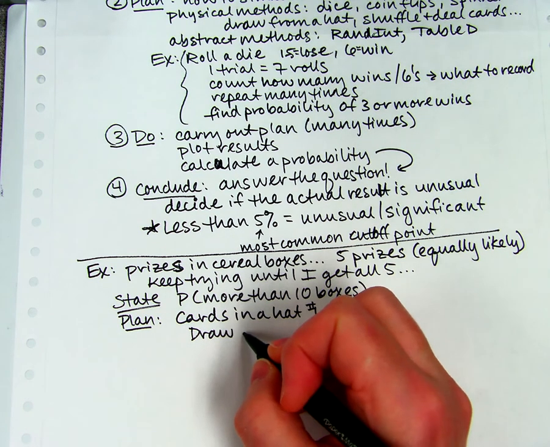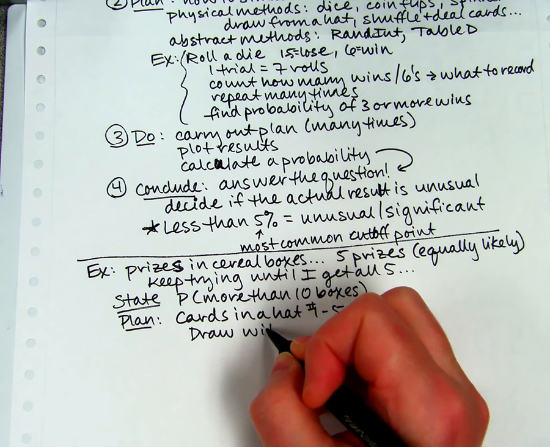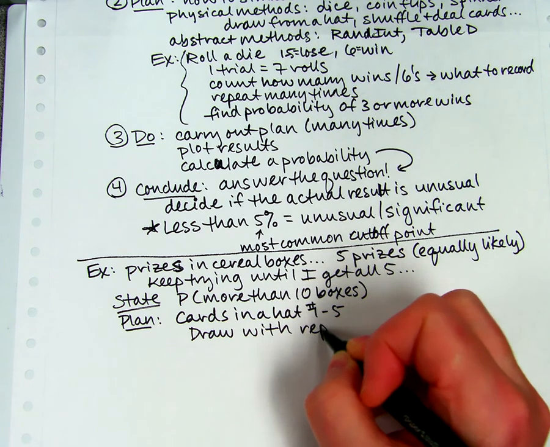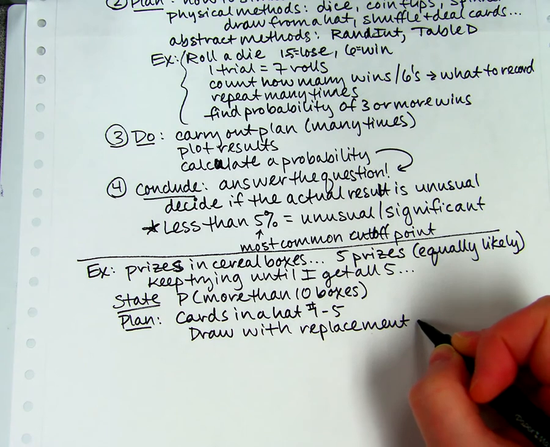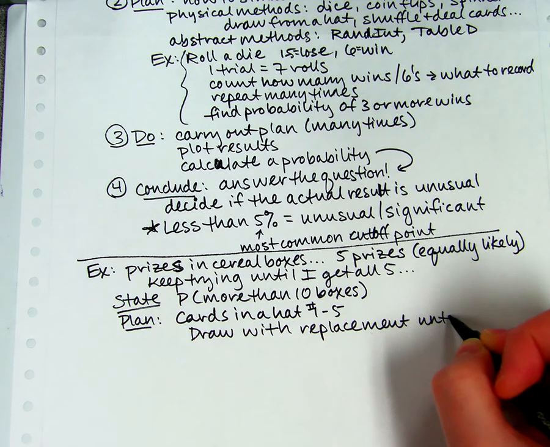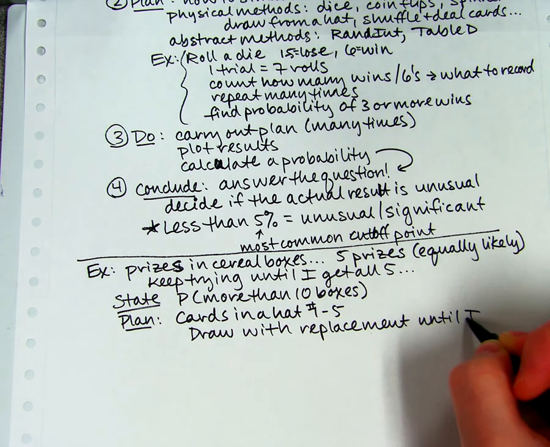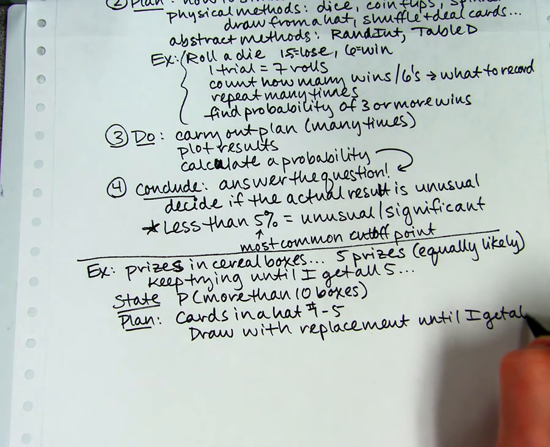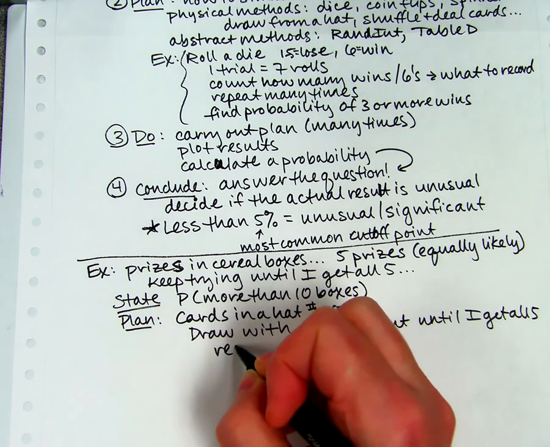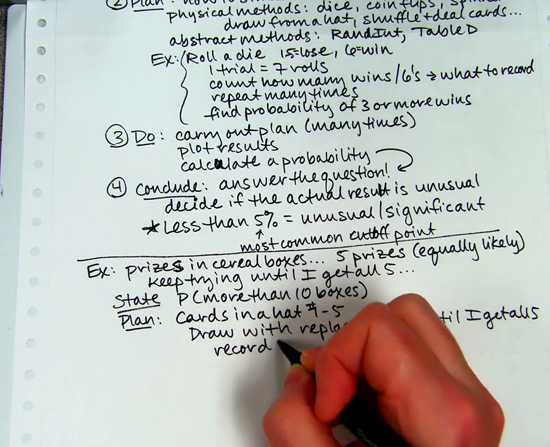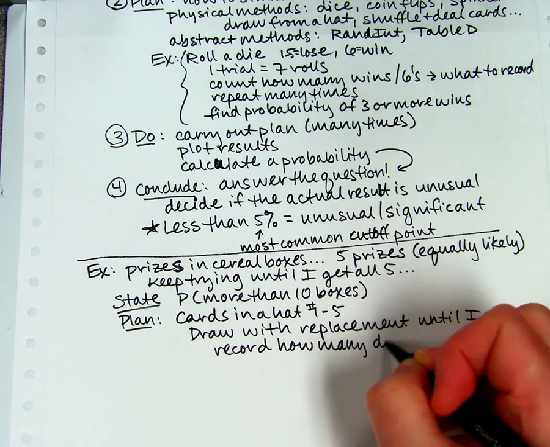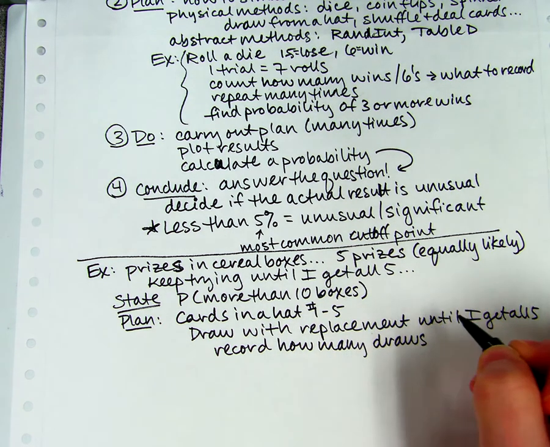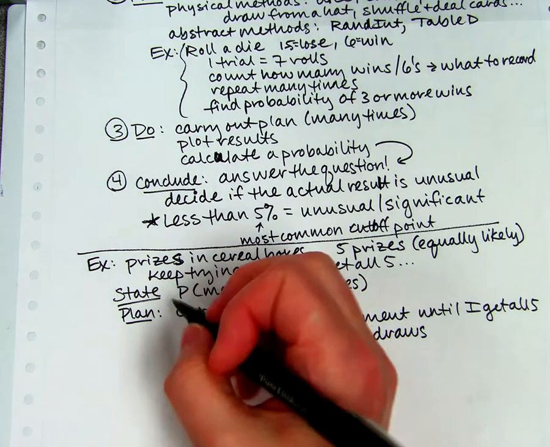So draw without or with replacement. I want to put them back after I draw each one. And I'm going to keep drawing with replacement and mixing them in between until I get all 5 and record how many times it took. And repeat many times and calculate the probability. So that's one way that I could do it.